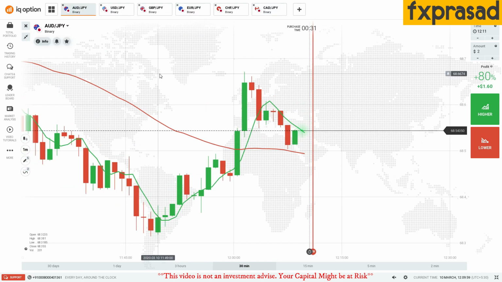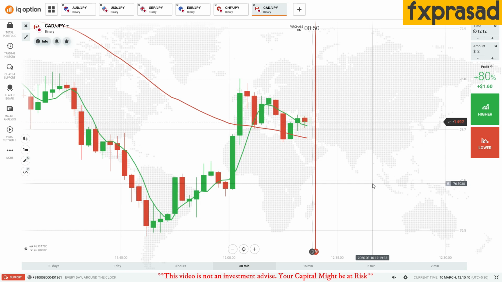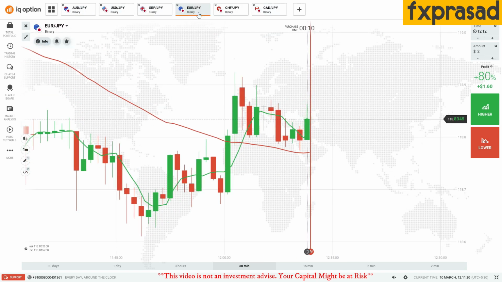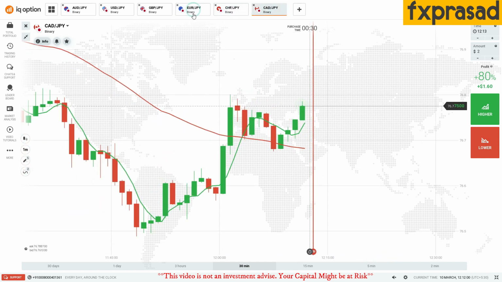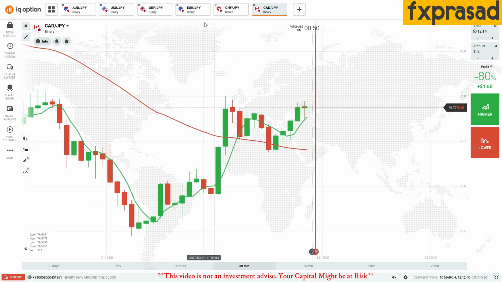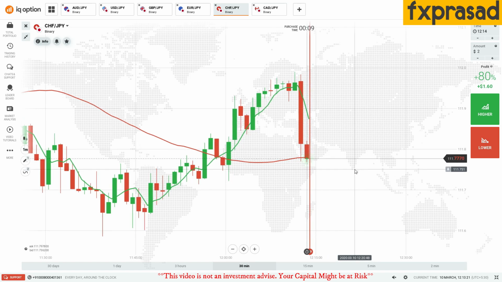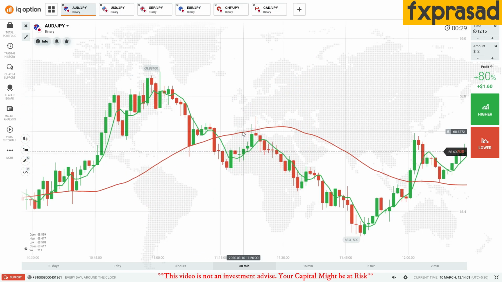You need best confirmation. Once both of the lines are touching, then only you take call. See, right now the green line is coming down. I already won one trade like this.